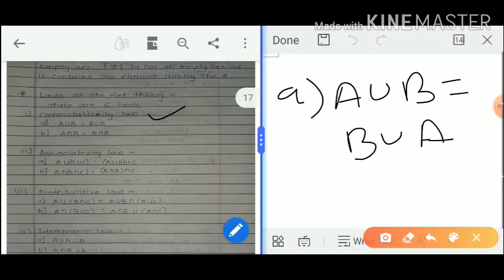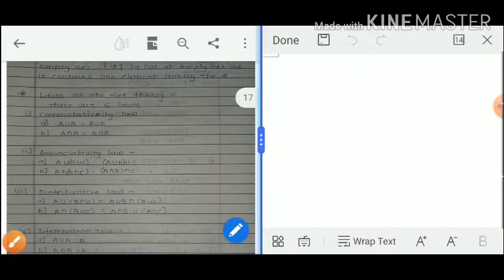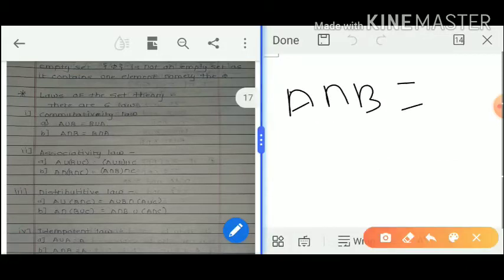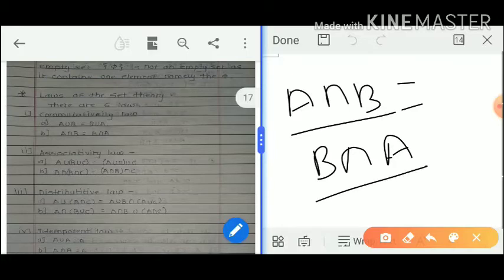A union B equals B union A. By using commutative law, we can change the set positions. Second, if we have A intersection B, we can write B intersection A. Just changing the place of a set, but the operator remains the same.